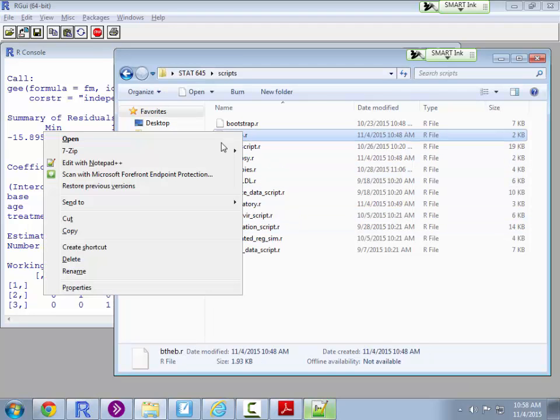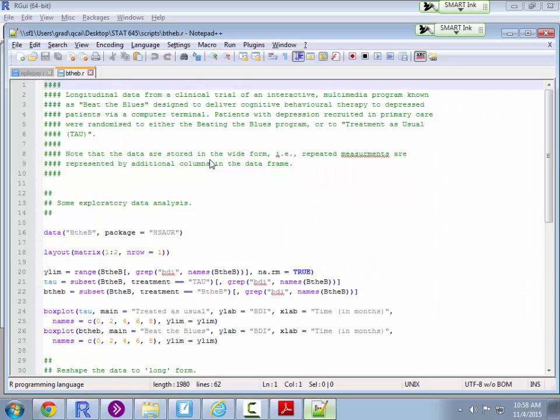Another example. Beat the Blues. So this is an interesting study. Longitudinal data from a clinical trial, and the target population was depressed people. There was a treatment group and a control group.